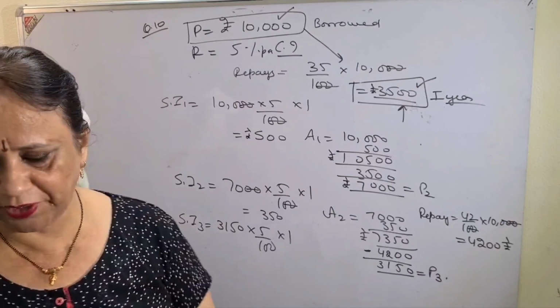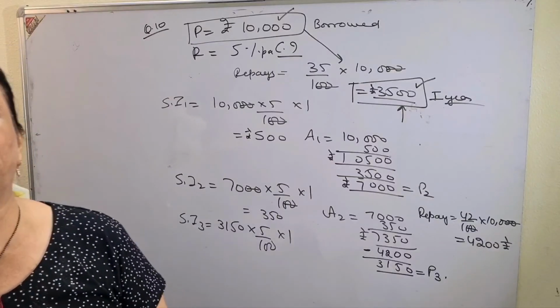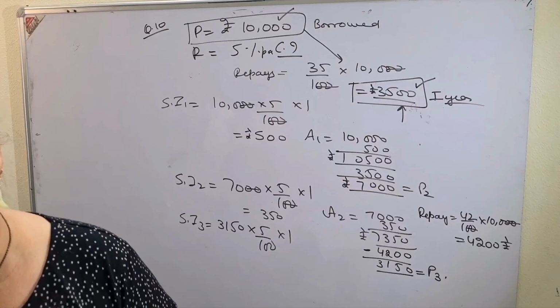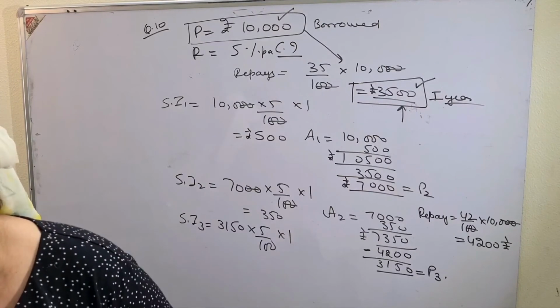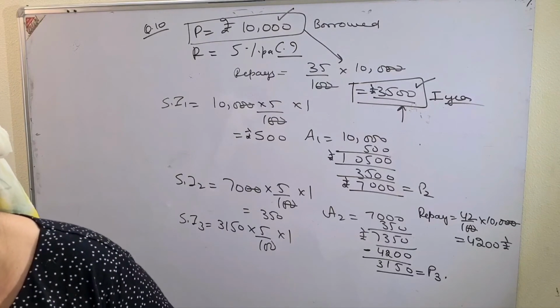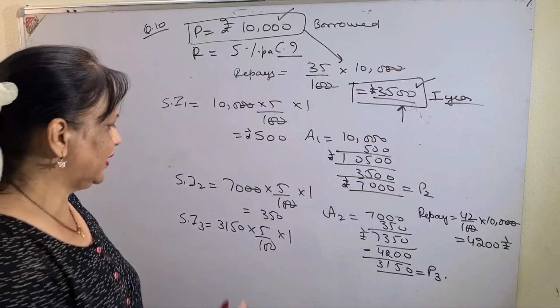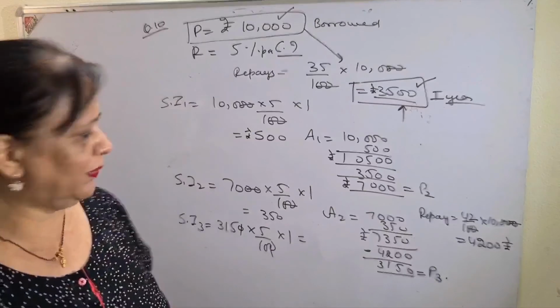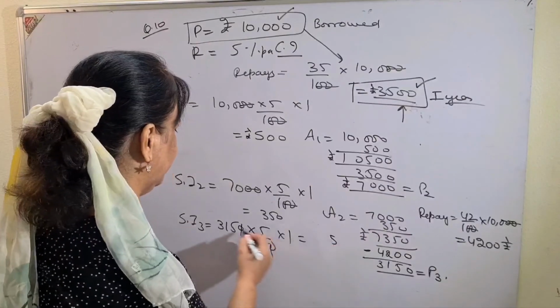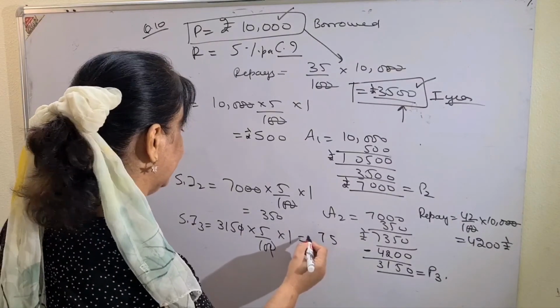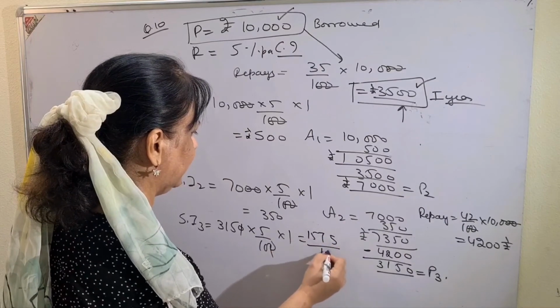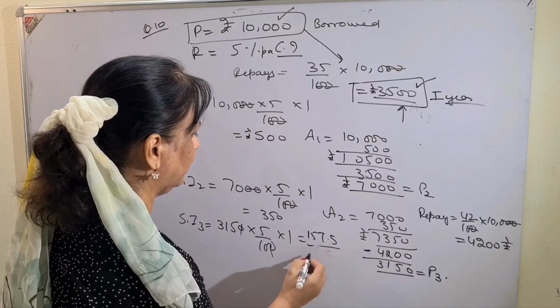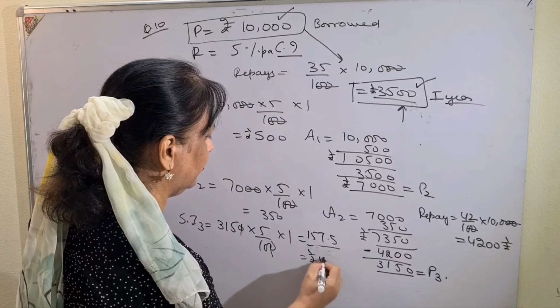So repayment means giving back the money after the first, second or third installment, whatever. So he says what amount of money he has to. So again calculated same method. This you will get, 157.5.